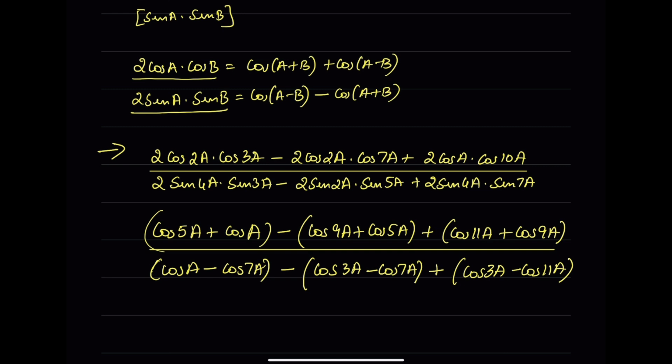Okay, now we have the numerator and denominator. Let's see what terms can be cancelled out. So we have cos 5a and minus cos 5a here.